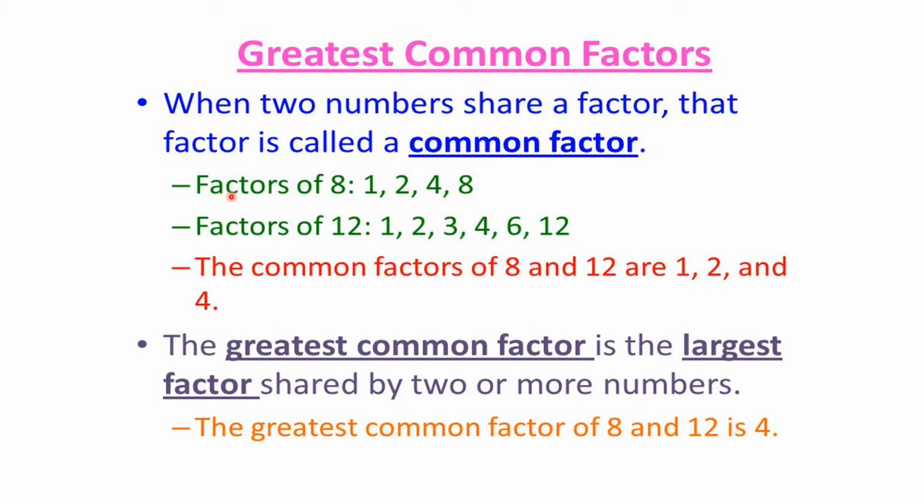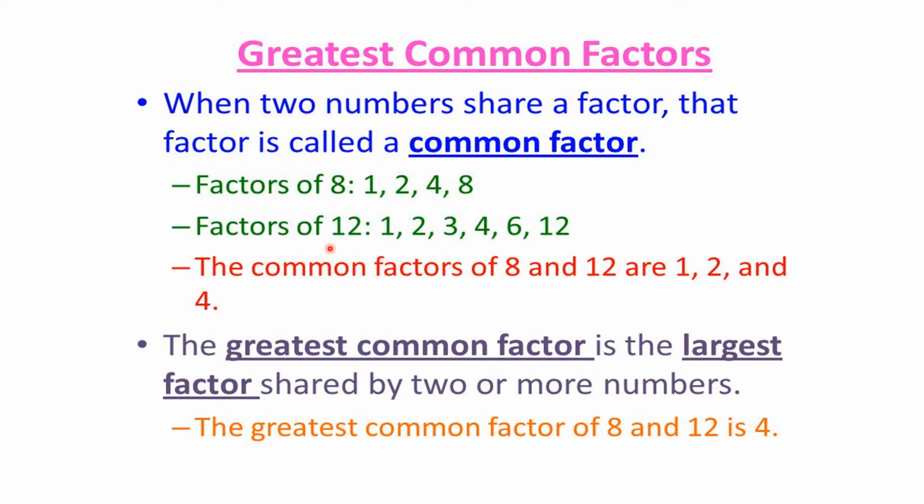Factors of 8 are the numbers in whose table the number 8 will come. 1 8 is 8, 2 4s are 8, 4 2s are 8 and 8 1s are also 8. So the factors of 8 are 1, 2, 4 and 8.